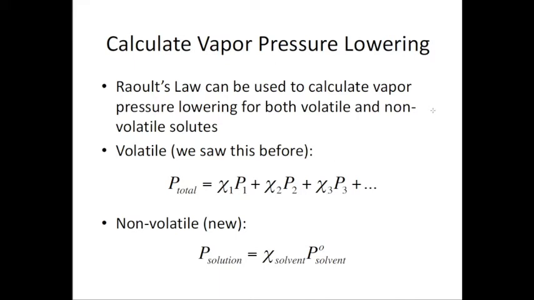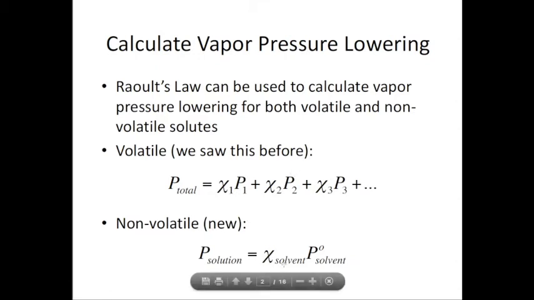Now we saw in class today that we can use Raoult's law to calculate vapor pressure lowering, and we saw this for volatile solvents. In the case of volatile solvents, we had to take into account for the total vapor pressure the contributions from the solvent with our Chi1P1, that would be for our water, Chi2P2, Chi3P3 for each solute that's dissolved.